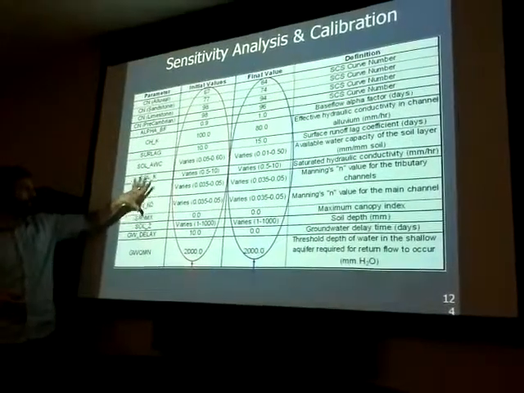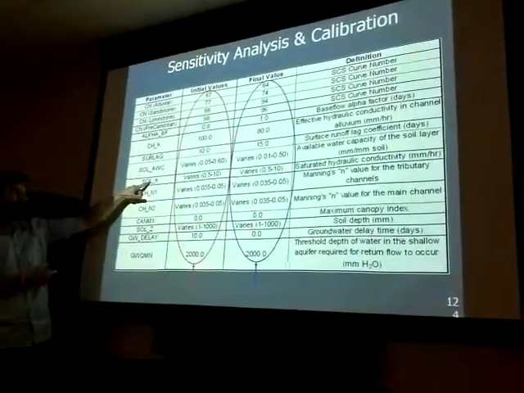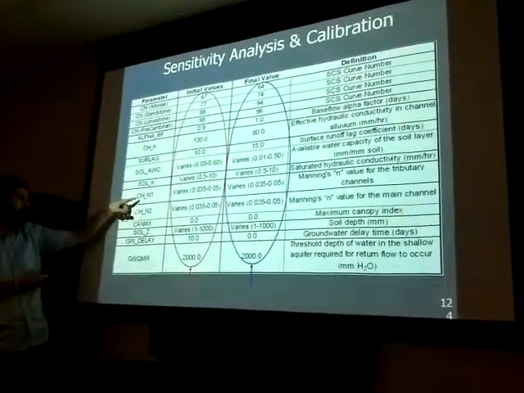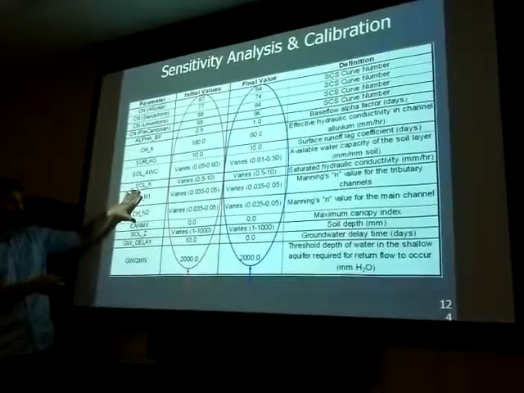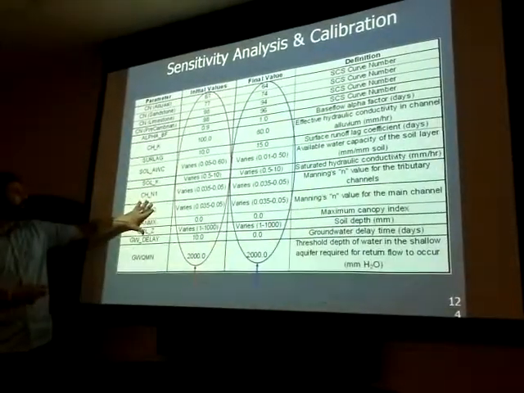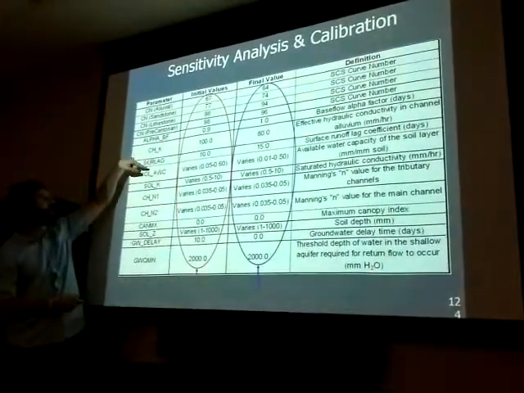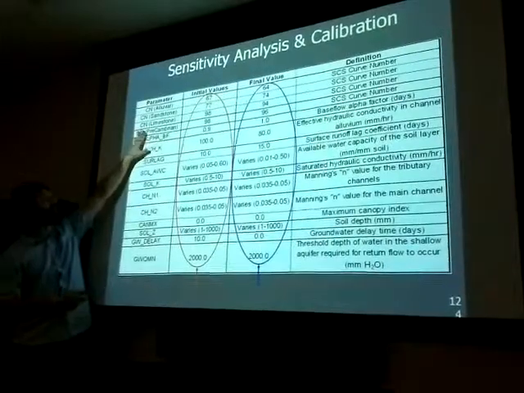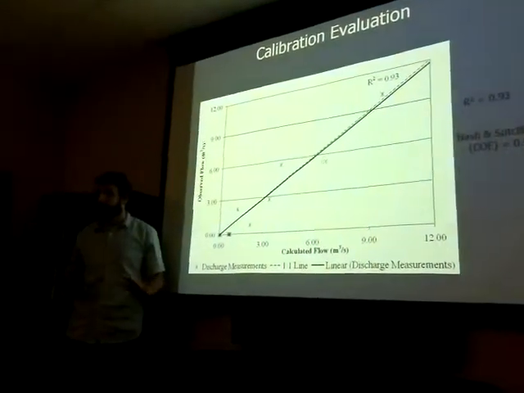Here I take 5 that deal with soil. This is hydraulic conductivity. This is the roughness, the soil depth. So these 5, when I change them, give me a perfect match. But if I change the surface lag, available water content, and curve number, it also gives me a perfect match. So which one is correct?